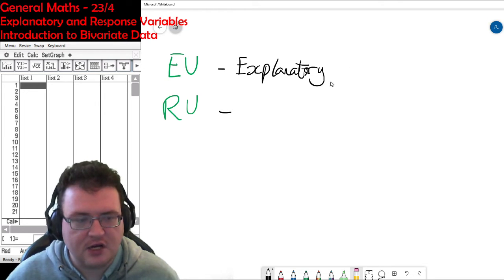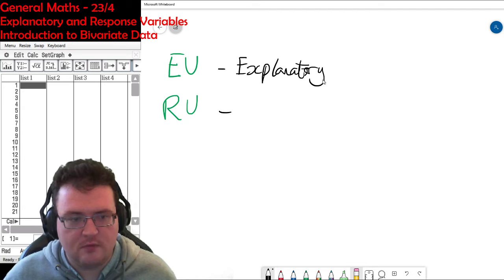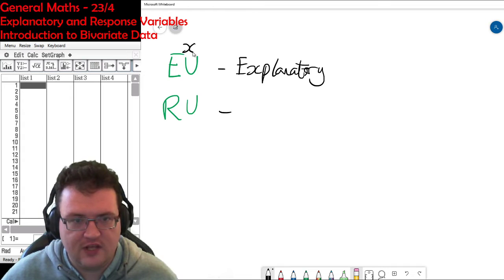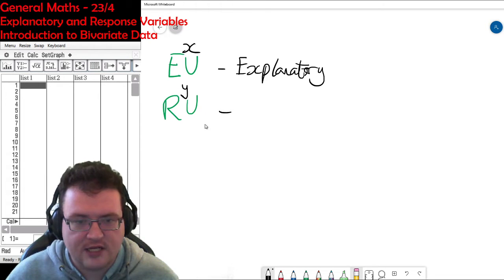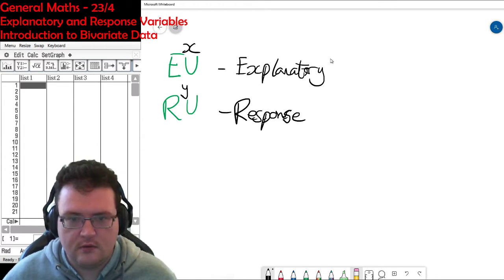Explanatory variables are generally things we can control. If we were thinking about it in terms of on a graph, you've got your x-axis and you've got your y-axis. Explanatory goes on the x-axis. The response variable is something that changes in response to the EV. That usually goes on the y-axis, so it's called the response variable. They both use the same word, variable.